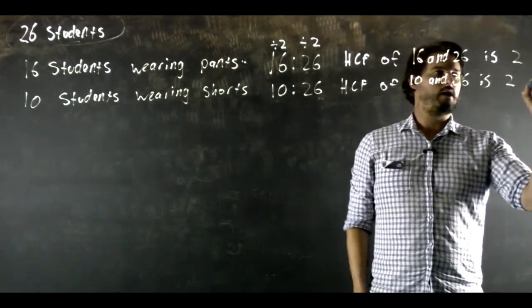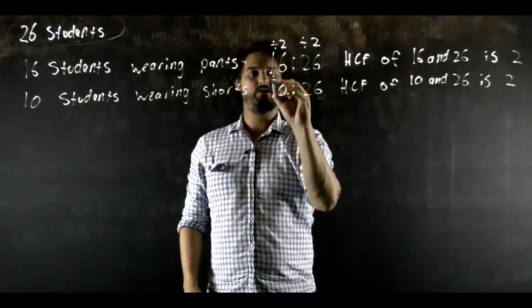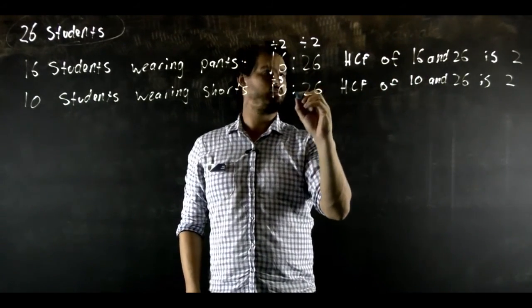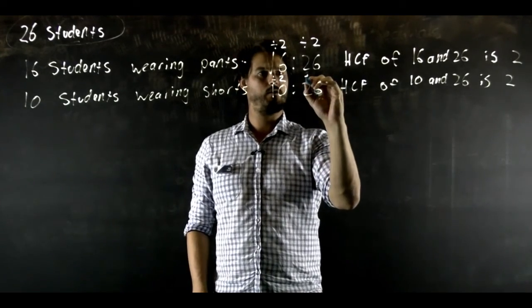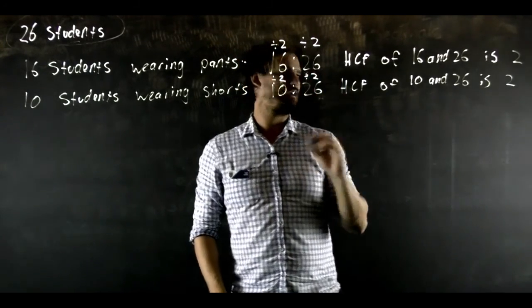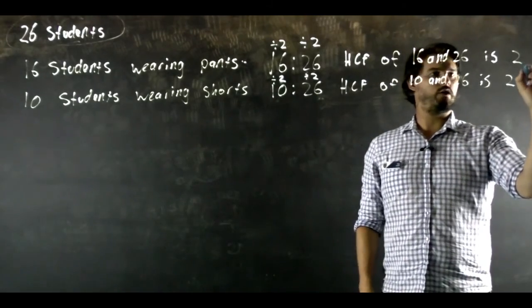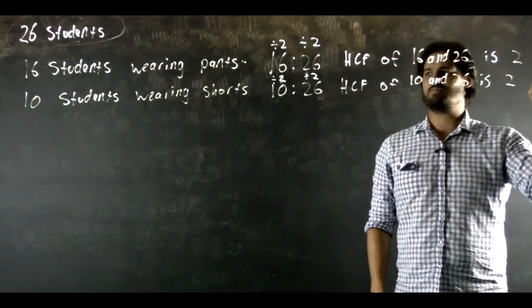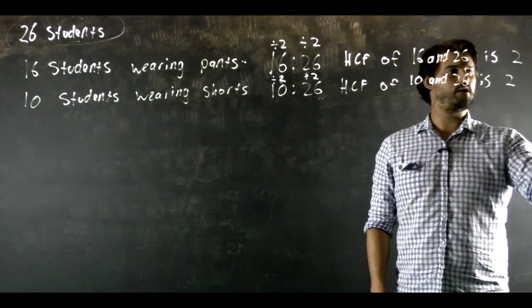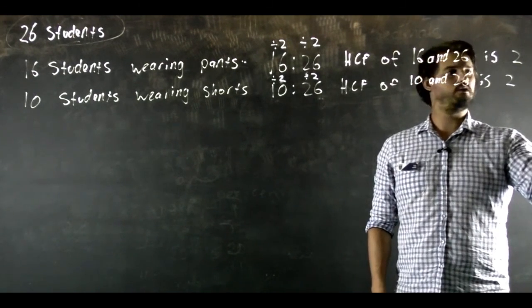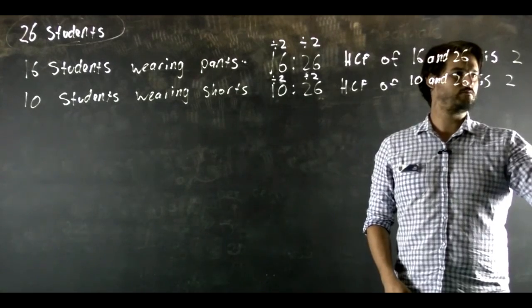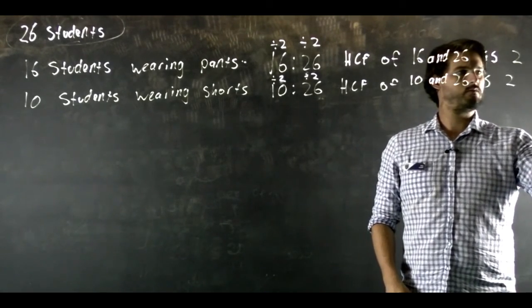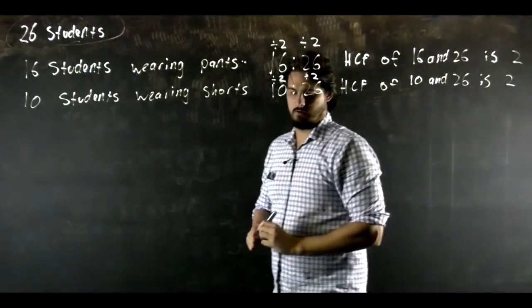So we do what we did above, divide by 2. So we know that our simplified form is going to be 5 to 13.